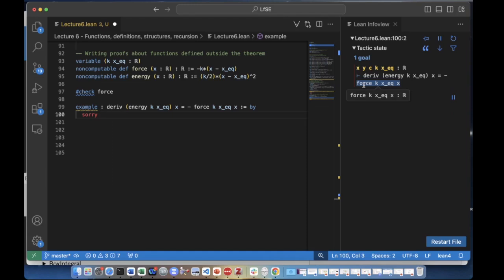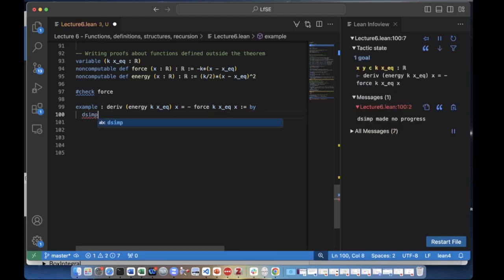Who knows a tactic I can use for substituting in the definition of a thing in for the name of the thing, replacing the name of it with a definition? Exactly, good. Thank you. It is dsimp. So how do I do it?